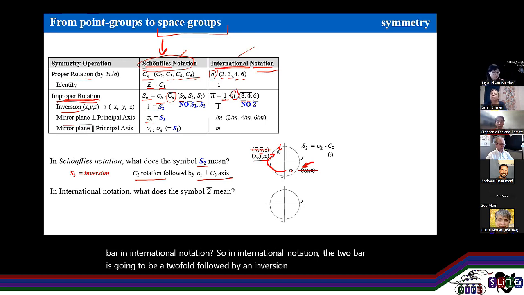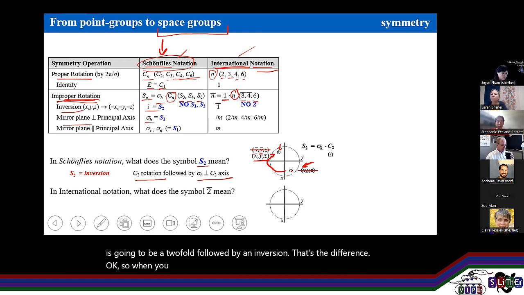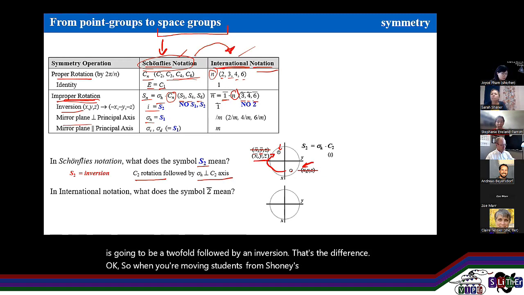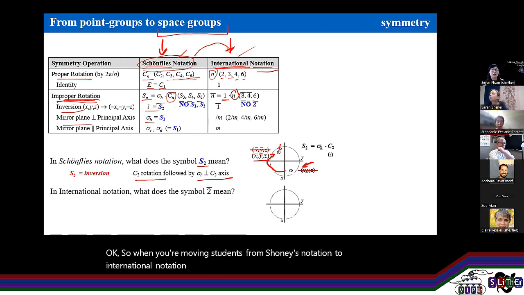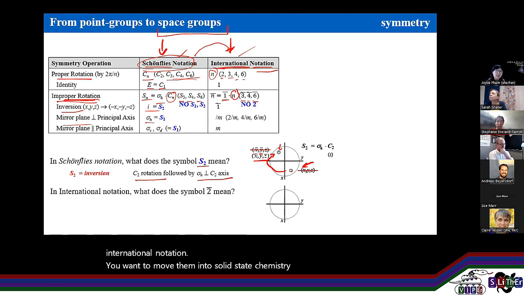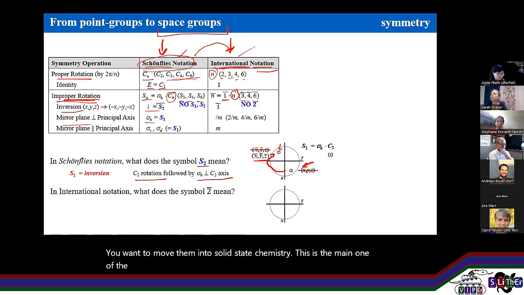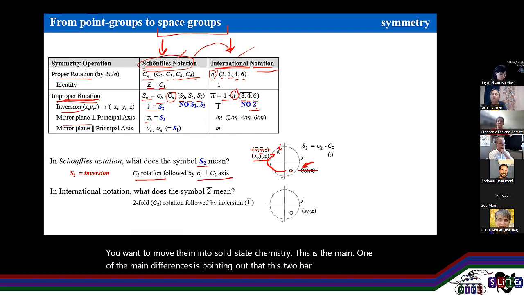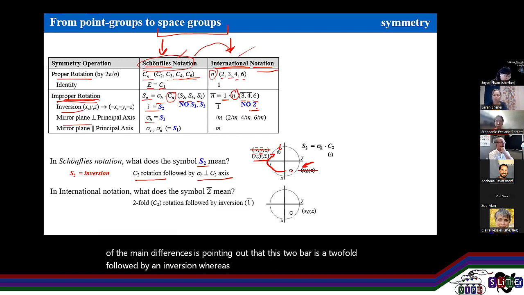That's the difference. When you're moving students from Schoenflies notation to international notation, into solid state chemistry, one of the main differences is pointing out that this 2 bar is a twofold followed by an inversion, whereas an S2 in Schoenflies notation is a twofold followed by a mirror plane. So there's that main difference.